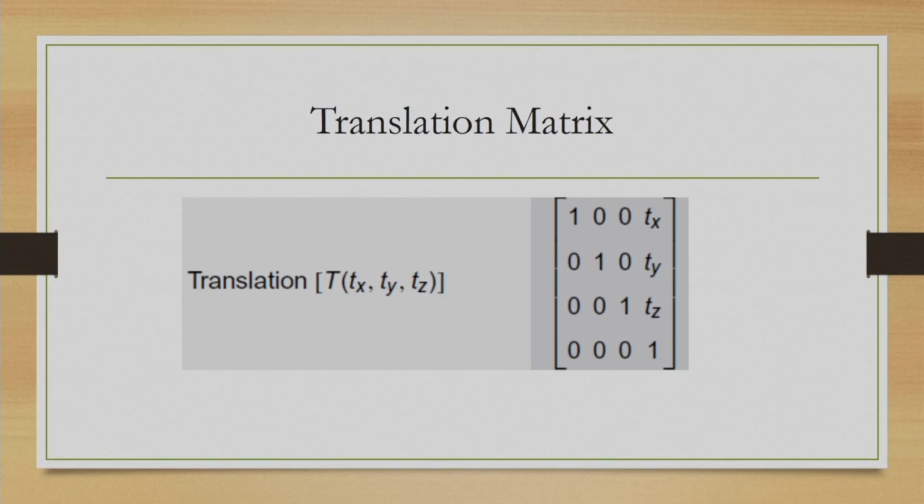Now, let us have a look at other basic transformation matrices. Translation is the simplest and the form remains almost the same with the addition of one more dimension. So, we have Tx referring to translation along x direction, Ty referring to translation along y direction and Tz referring to translation along z direction.